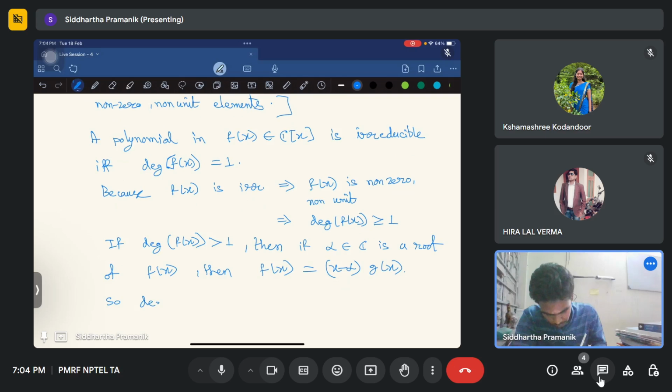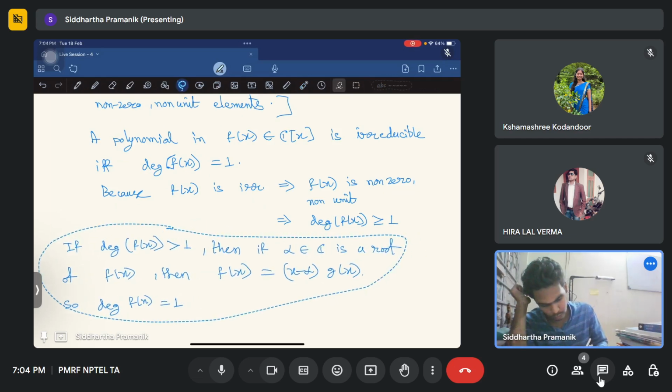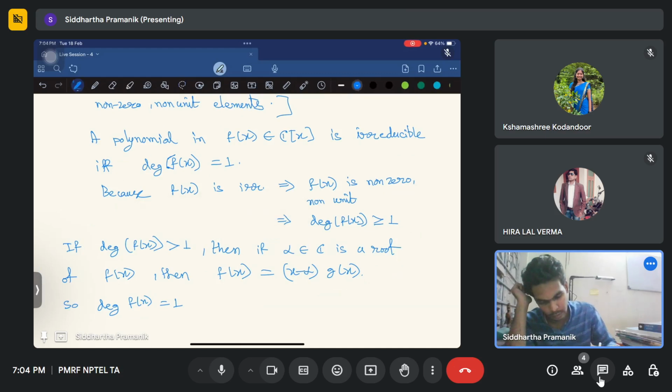So the degree of f(x) must be 1. So yeah, this is because every non-constant polynomial in C[x] has a root.